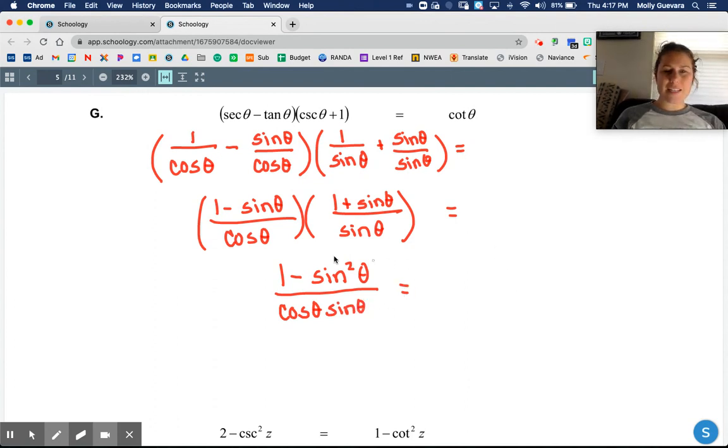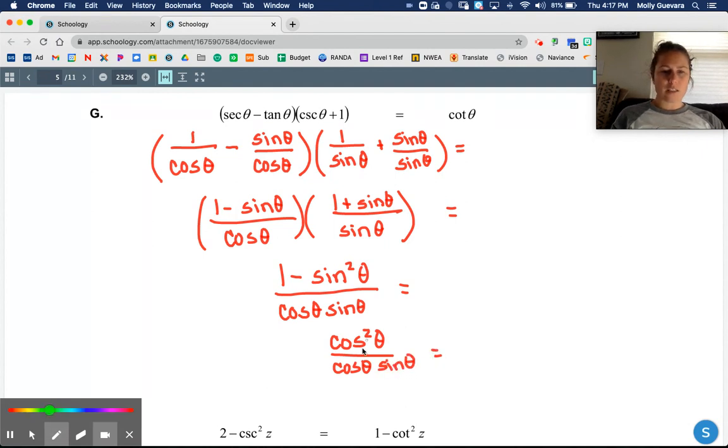And then 1 minus sine squared should look familiar. That comes from the Pythagorean theorem. So 1 minus sine squared is cosine squared, over cosine, sine.